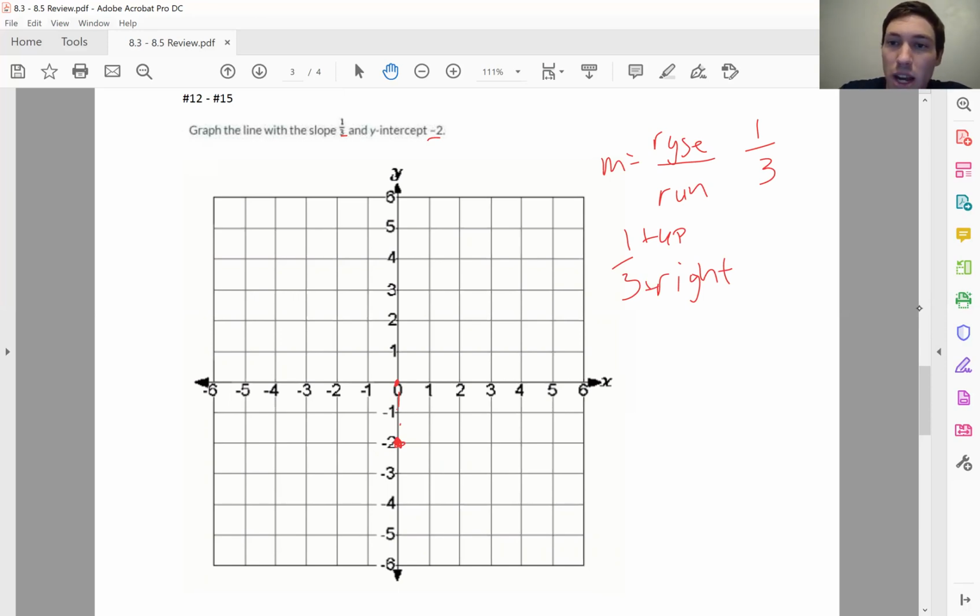Because remember, rise is up and down, and run is left and right. So I went down 2, and then my slope is 1/3. That means I go up 1, right 1, 2, 3. And then I connect my dots with a line. And that's the graph of that one.